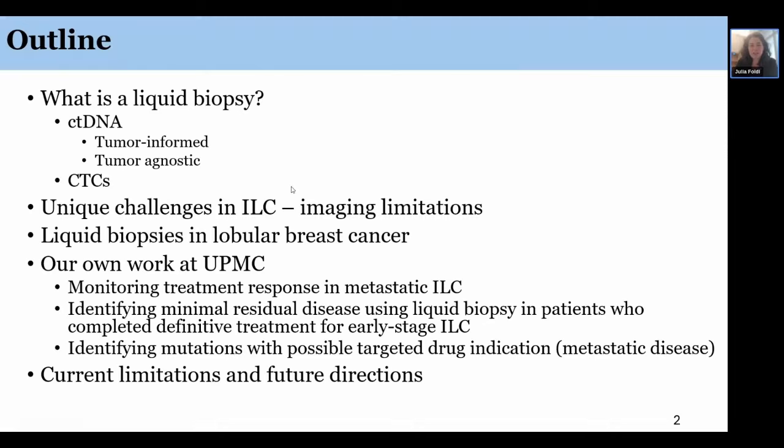And then I'll talk a little bit about some of our own efforts at UPMC in how we approach liquid biopsies in different settings, in the metastatic ILC setting, as well as the early stage setting.